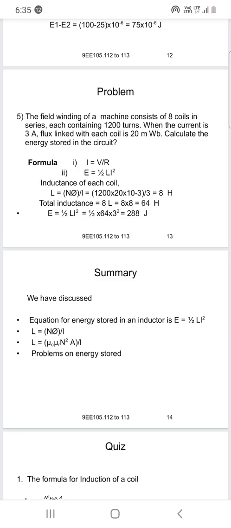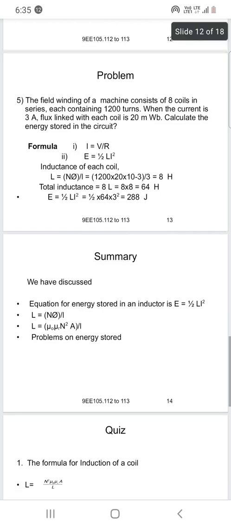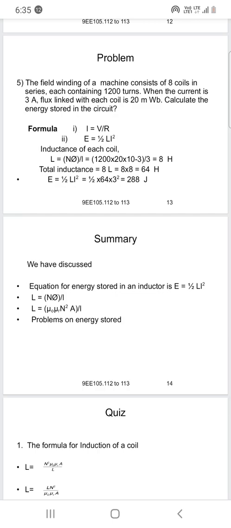So L is equal to N into phi by I, where N is the number of turns, that is 1200 turns, into flux, that is 20 into 10 to the minus 3 Weber, by 3 amperes. Then we get the inductance of the coil equal to 8 Henry.